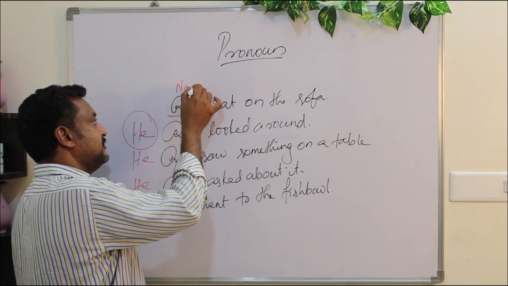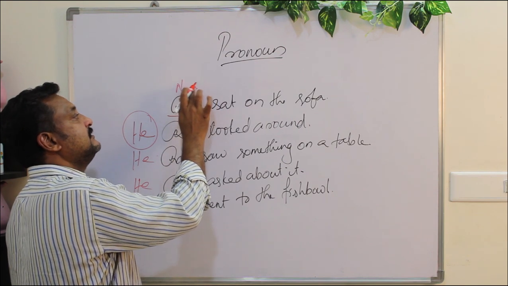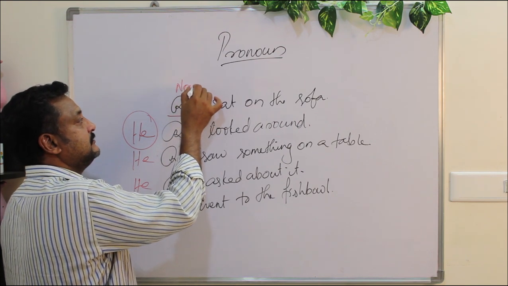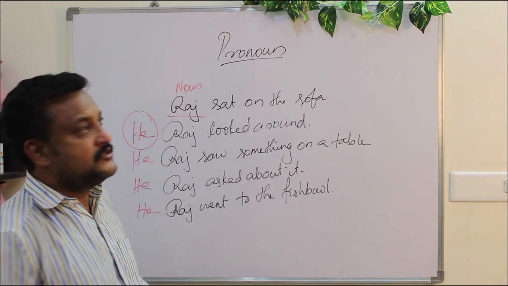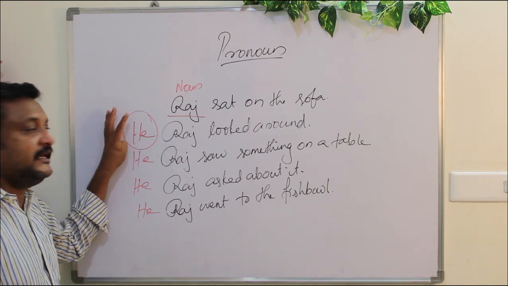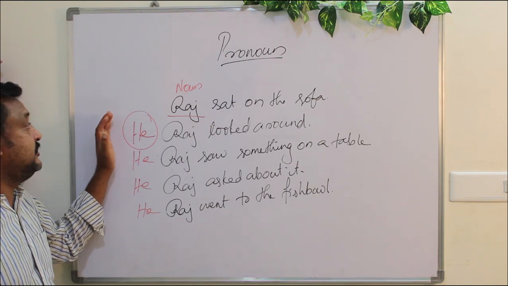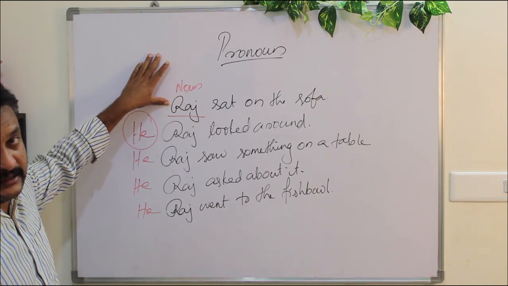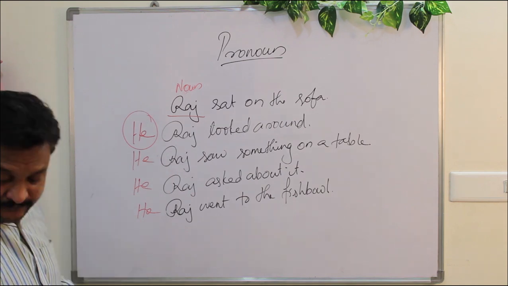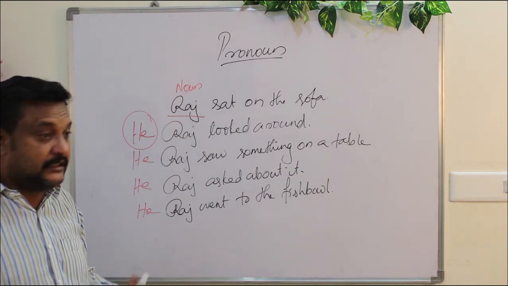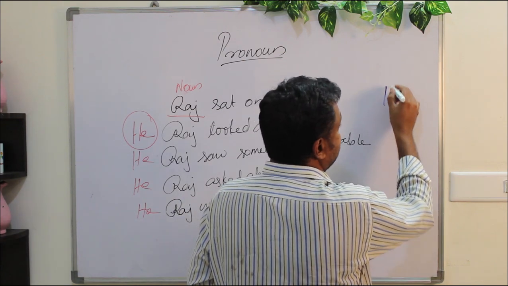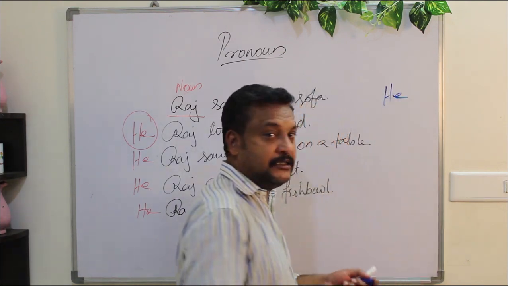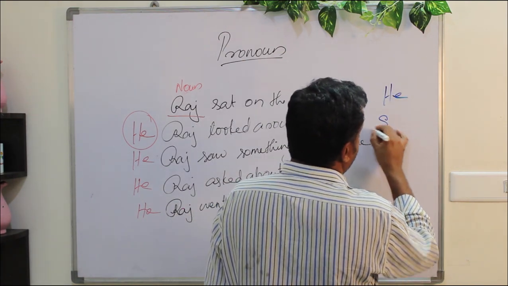Raj is the name of a person, no? So that is a noun, isn't it? Raj is a noun because it's the name of a person. So he is a word that we use instead of Raj. Okay, and if we have to tell about a girl, then we say she.